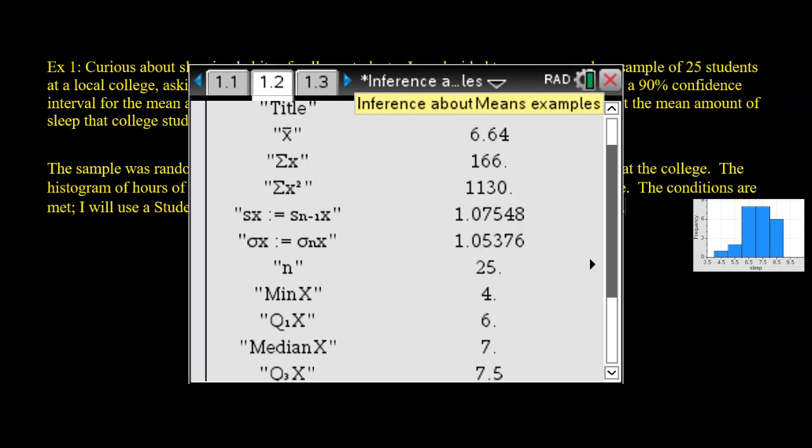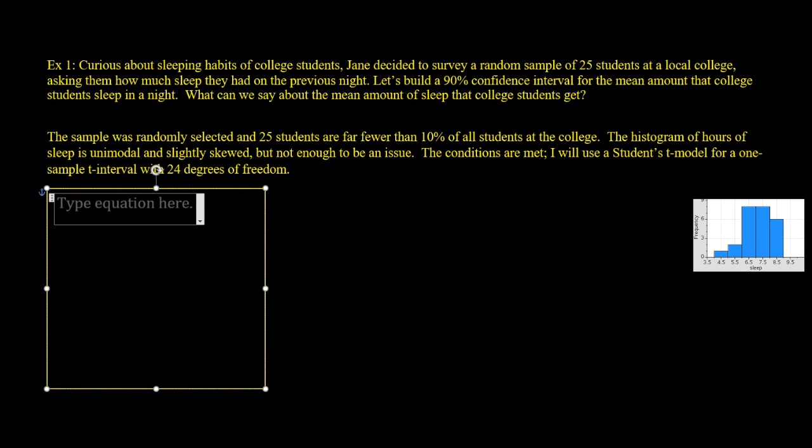So now we want to put those statistics down. That's all referenced there in the problem. n equals 25. x bar is 6.64. The standard deviation here is 1.075.